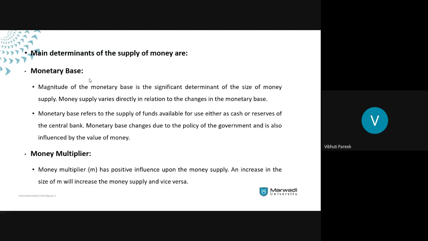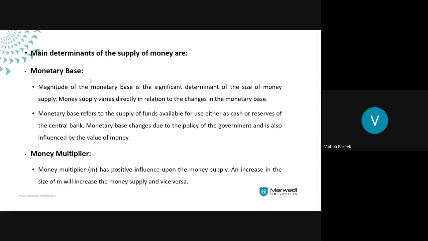Okay, now what is this money multiplier? This money multiplier is denoted with M and it has a positive influence upon the money supply. An increase in the size of money multiplier will increase the money supply and vice versa. It is similar to the multiplier effect in consumption also.